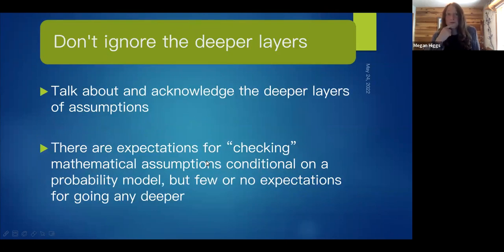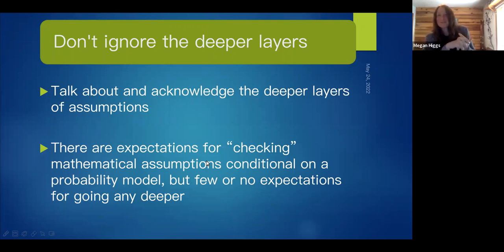So we don't want to ignore the deeper layers. We can't just stop with the mathematical assumptions, conditional on using a particular model. It's really important to talk about and acknowledge the deeper layers of assumptions, even though it's hard and complicated. And it doesn't necessarily make life easier, which is a problem for change.